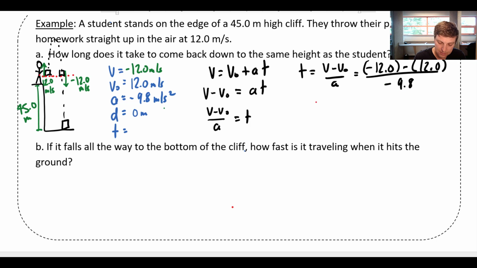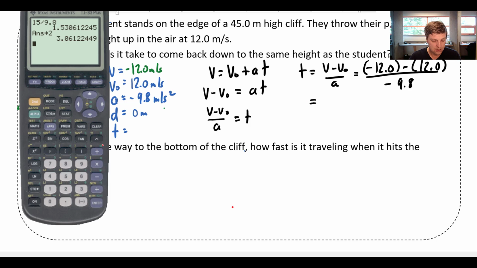Okay, well this is going to be a little bit tricky one. Now if you want, you can do what I said before and you can cancel out negative signs and so on if you're careful, but I'm actually going to do this one in my calculator and just see what it comes out as. So when I do this negative, remember that you need to use this little negative button here, not the minus sign. So this is negative 12, and then I'm going to subtract from that positive 12, and then I'm just going to hit enter, which is negative 24.